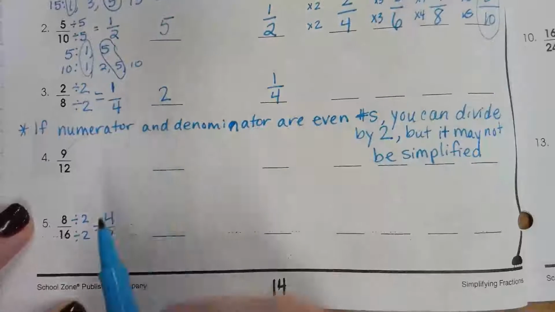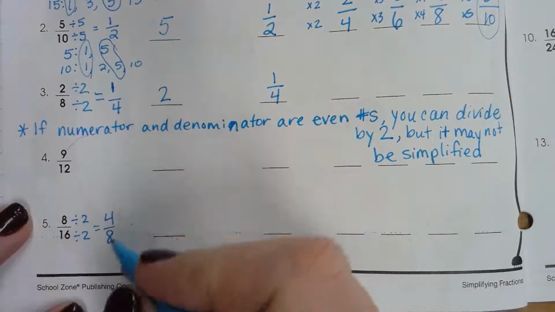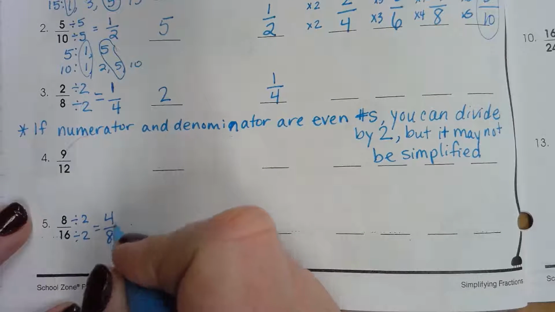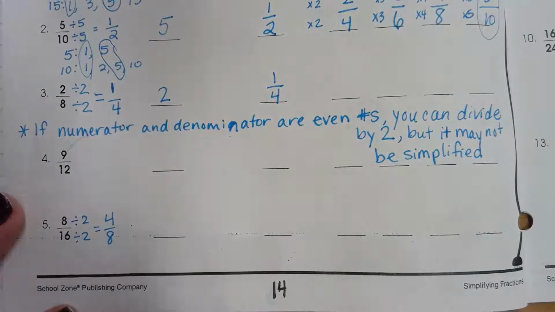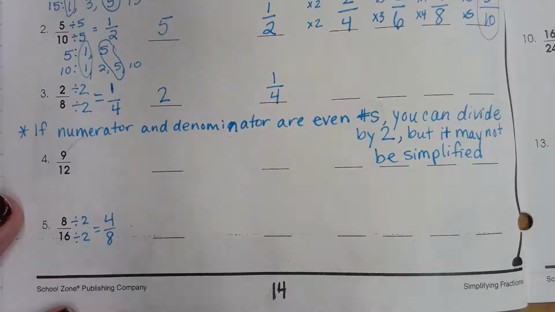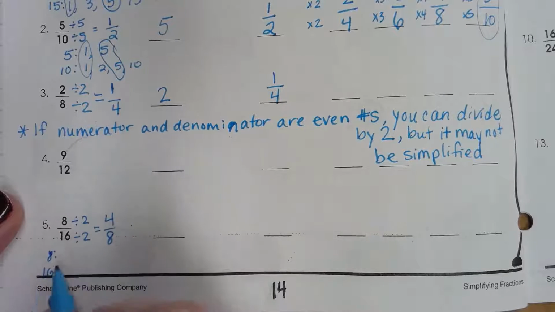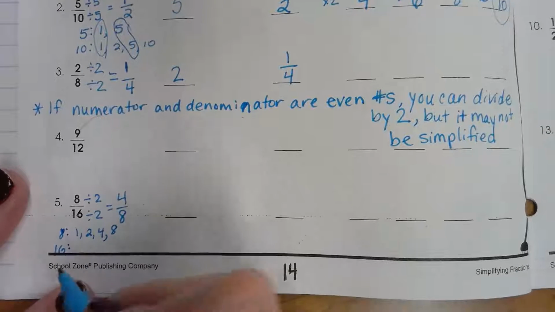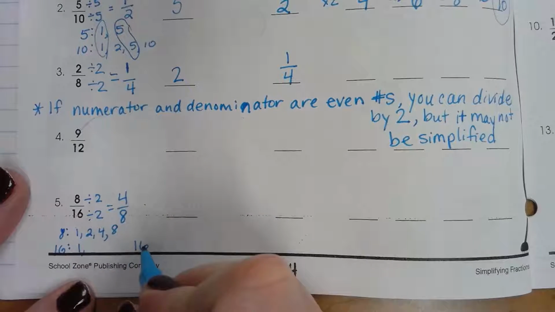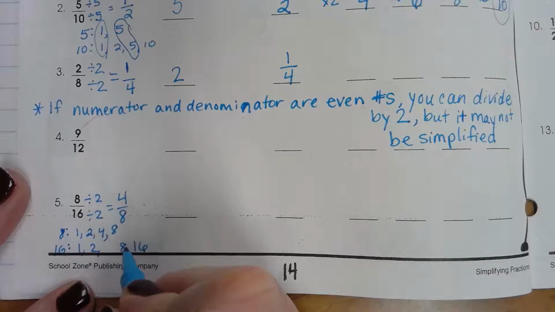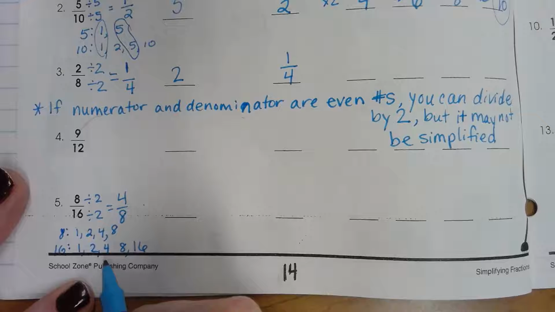So I could really divide this again by 2. Or I could find the common factor and divide by my greatest common factor. If I would have found my greatest common factor for these, take a look. 1 times 8 and 2 times 4 are my factors for 8. 1 times 16, 2 times 8, and 4 times 4 are my factors for 16.